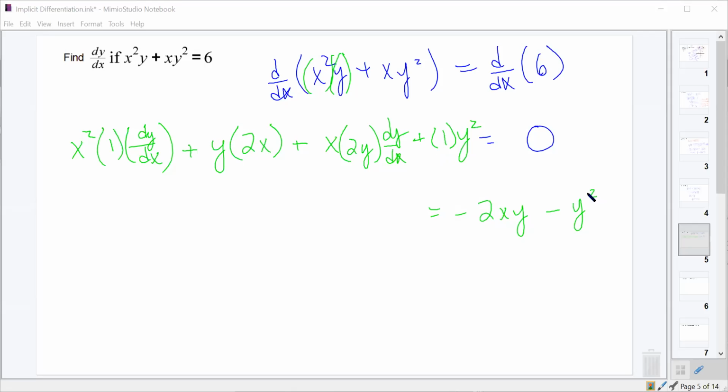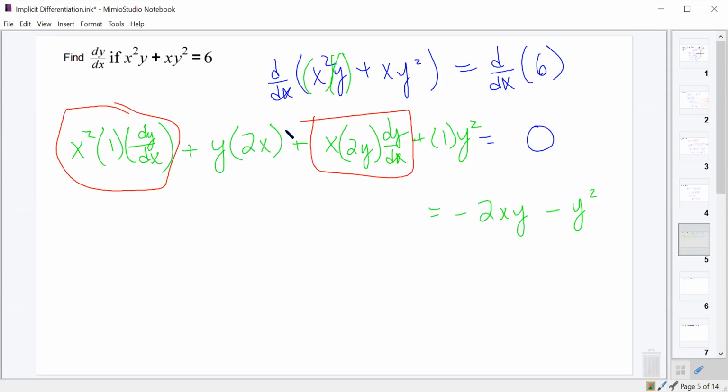Good. And on this side, all that's left are these two terms. What do they have in common? X and dy over dx. Right, they have an x and they have a dy dx. So we're going to want to factor out at least the dy dx. There's not really much of a reason to factor out the x. If you want to, you can, but we're just going to factor out the dy dx, which gives us x squared plus 2xy.